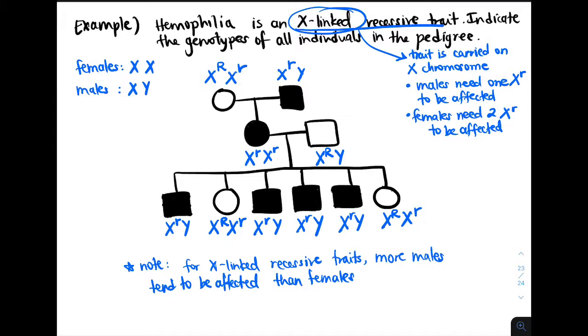In fact, if we count it, we have 1 male here, 2, 3, 4, and 5 males that are affected. But we only have 1 female that is colored in. So clearly more males were affected than females.